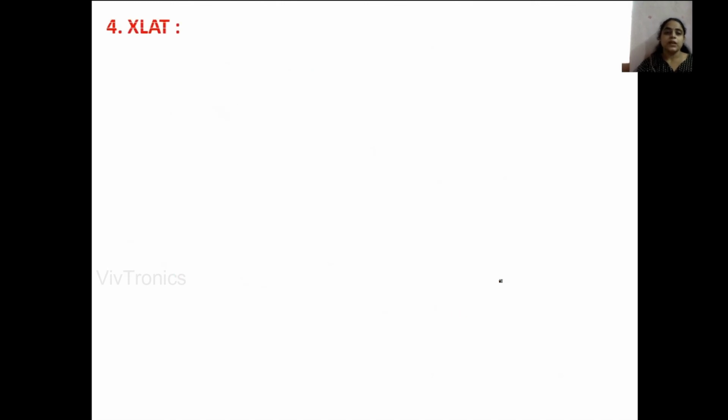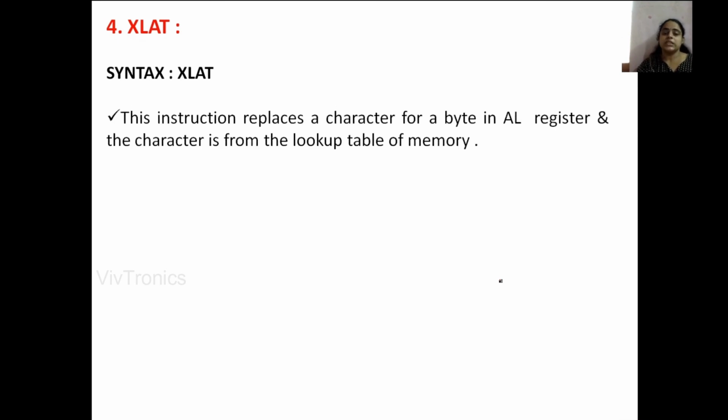Next one is XLAT. This also falls under the implicit instructions of 8086. XLAT itself is the syntax. This instruction replaces a byte in the AL register with a character from the lookup table in memory.